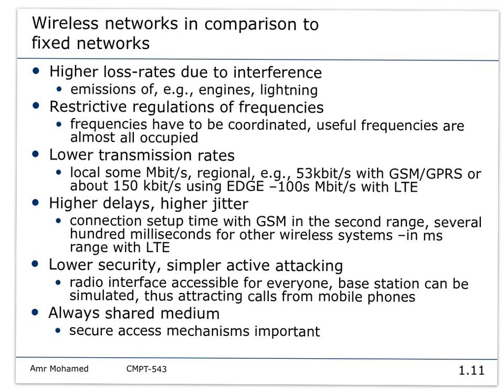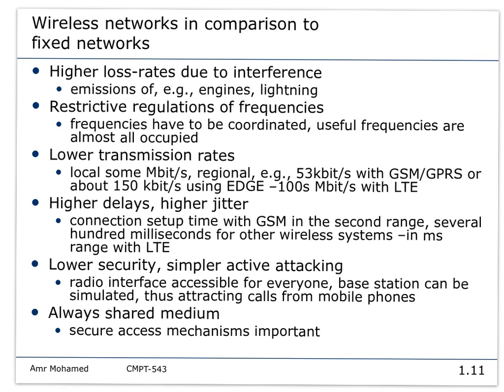Lower transmission rate, of course, the fact that the wireless signal travels through the air, there is a possibility that not only it interferes with others, but the fact that the wireless signal immerses in different directions through the air, there is some attenuation that happens to this wireless signal, right? So the fact that this wireless signal attenuates, it makes the transmission rate for wireless signals really in the low level.